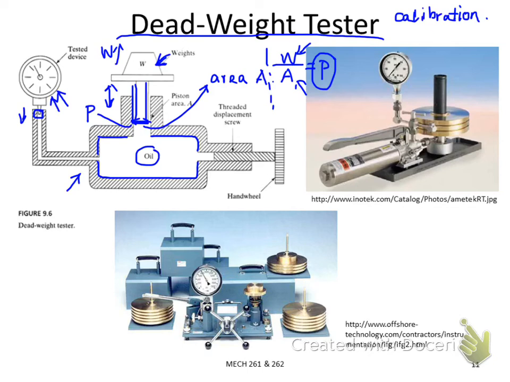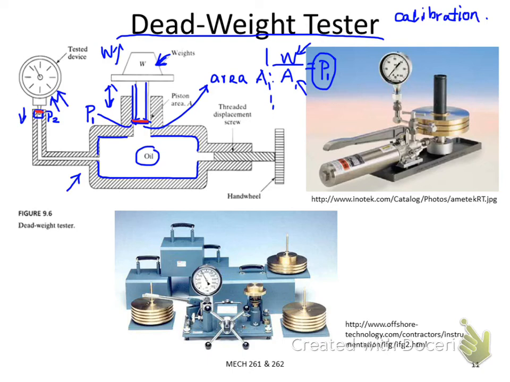So if we can adjust the interface here to be at the same level as the interface here, for oil or any liquid, if I give a subscript here, I name this P1 and this P2. If I adjust the two heights to the same level, P1 and P2 will be the same, right?